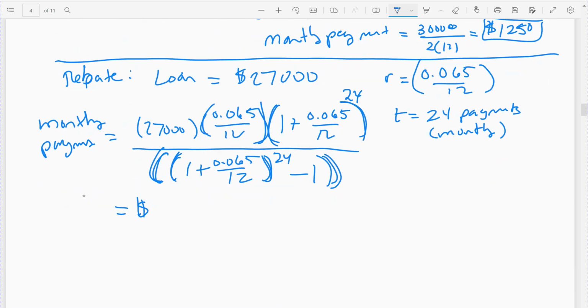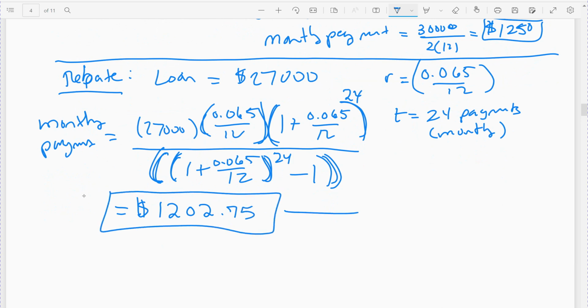The monthly payment with the rebate offer. Notice it is less than what you pay with the $30,000.